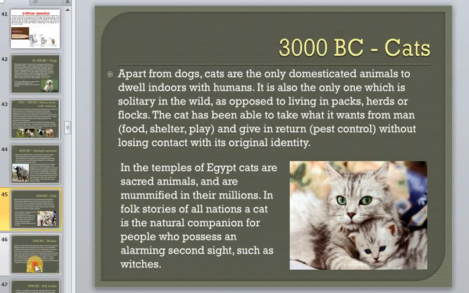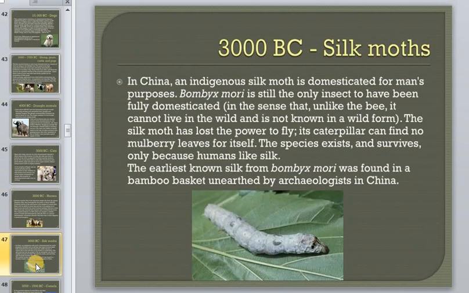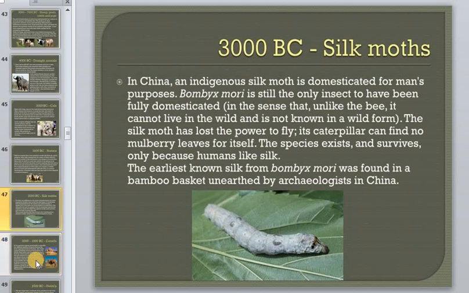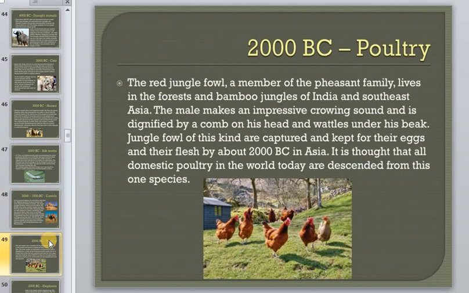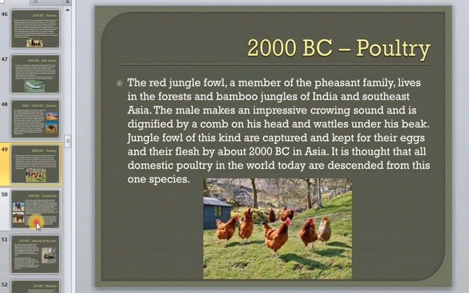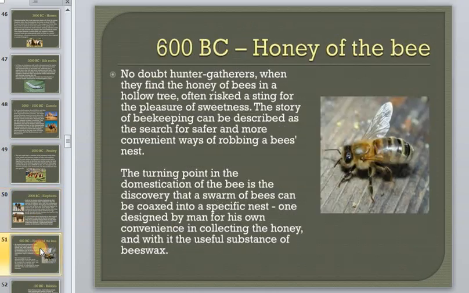Here are horses at the same time, and silkmoth, of course, for silk. And camels about the same time, and even poultry. And elephants about 2,000 years ago, and honeybees not so long, not even 1,000 years.